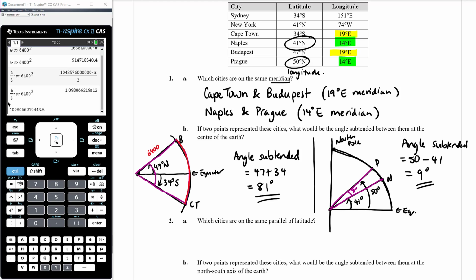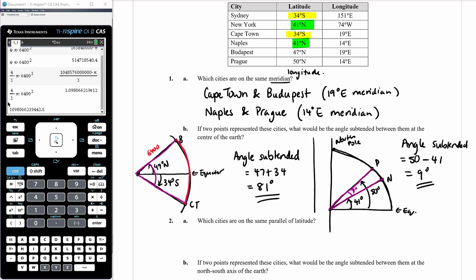Okay, question 2 asks, which cities are on the same parallel of latitude? So if we think about the parallels of latitude, so that's their north-south measurement, we have 2 cities on the 34 degree south parallel of latitude, and we also have 2 cities on the 41 degree north parallel of latitude.